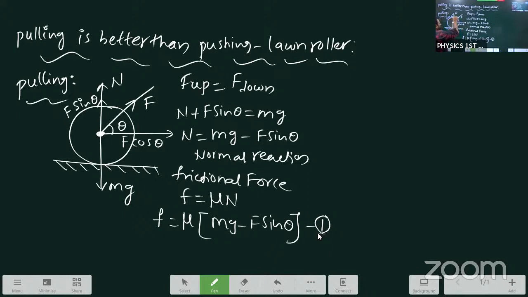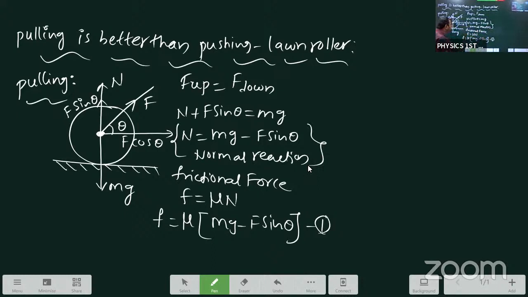So sum of upward force equals sum of downward force. Upward force means N plus F sin theta. Downward force means mg. Taking F sin theta to the right side, N equals mg minus F sin theta. This is the normal reaction.